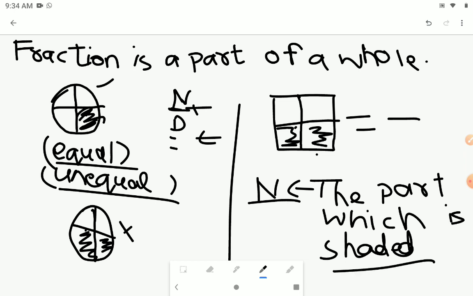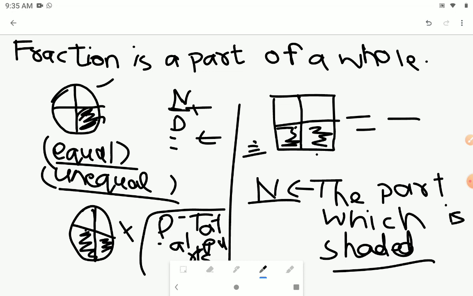And denominator means, I'm gonna write in here, denominator means total parts. If they are shaded or not shaded, but the total parts will be the denominator. Like now here shaded means just like this colored there. So see, this is colored and this is colored. Okay, so there are 2 pieces colored in here, so we will write 2. Now there are totally pieces 1, 2, 3 and 4, so we will write 4.